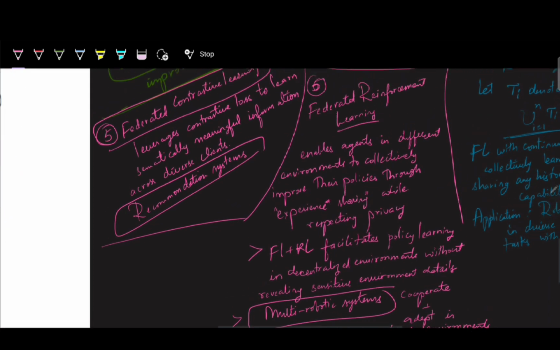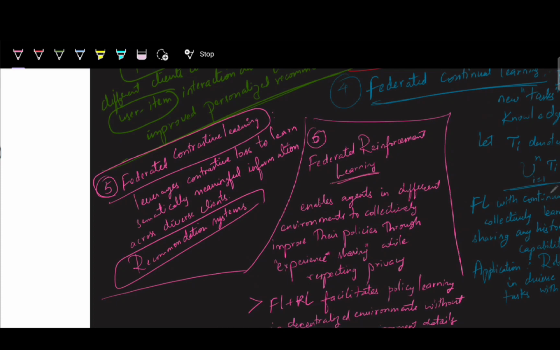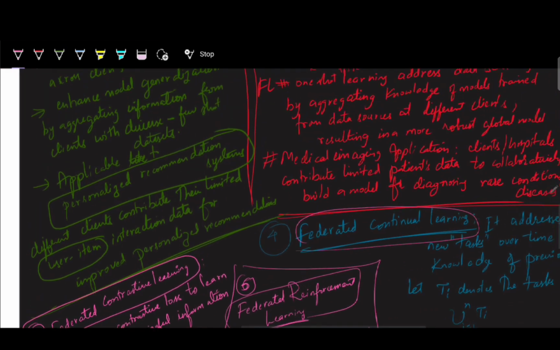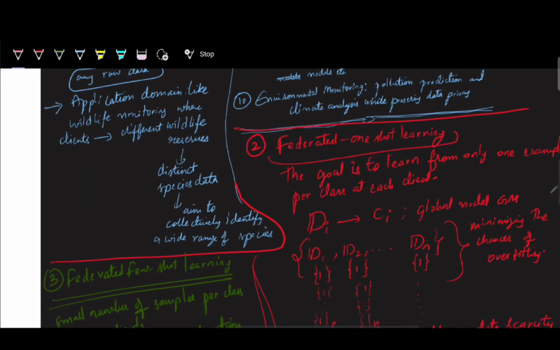So that is pretty much about federated reinforcement learning and federated contrastive learning, federated continual learning, federated one-shot learning, federated few-shot learning, and then federated zero-shot learning.